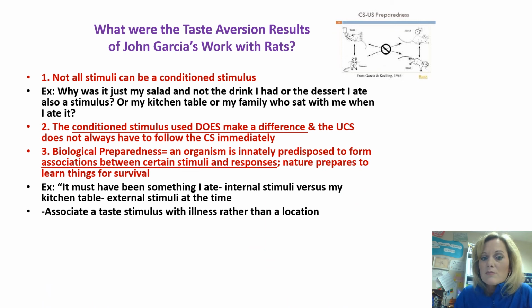Now, the answer to my question is our biological preparedness. Our evolution tells us that it's something I ate. That's why I feel nauseous. We initially do that because evolution and our ancestors have told us that we need to be careful what we put in our mouth because it can be dangerous to us. So whenever we feel nauseous, we think, oh, it must be something I ate.